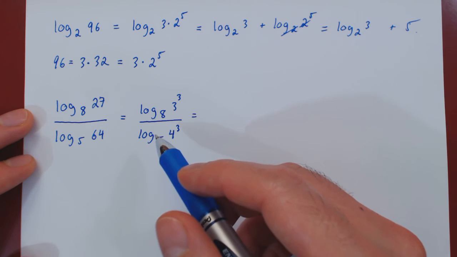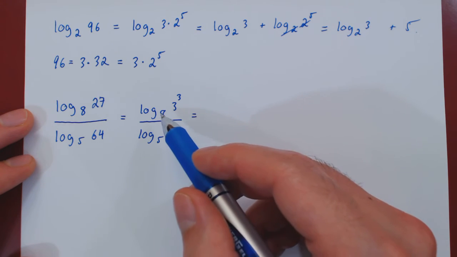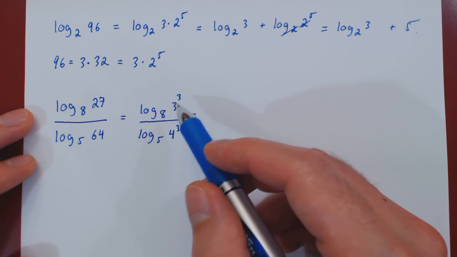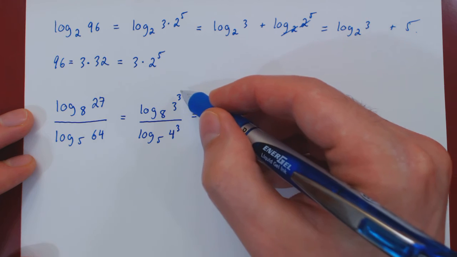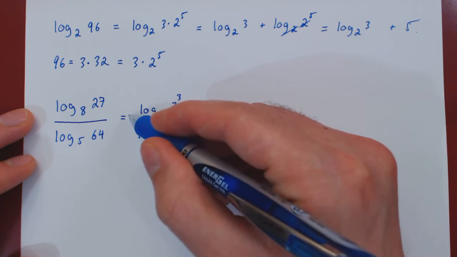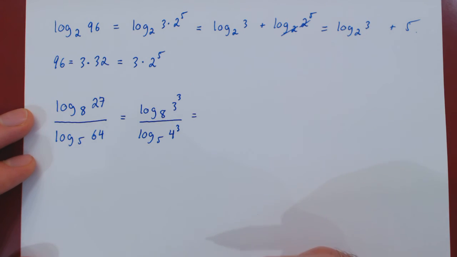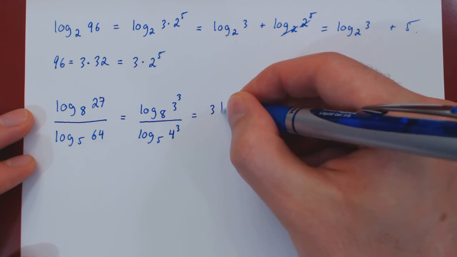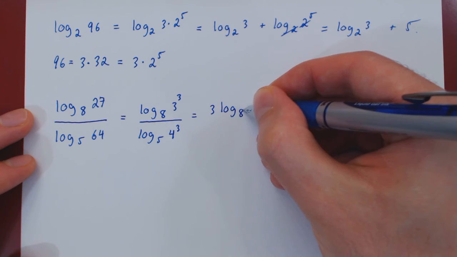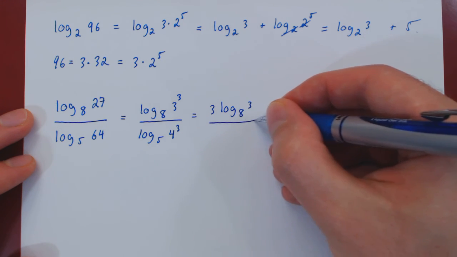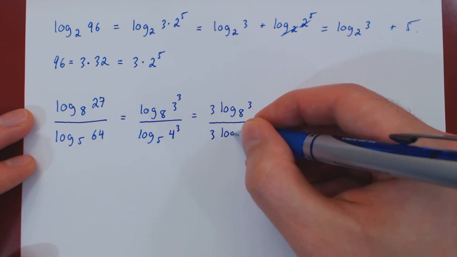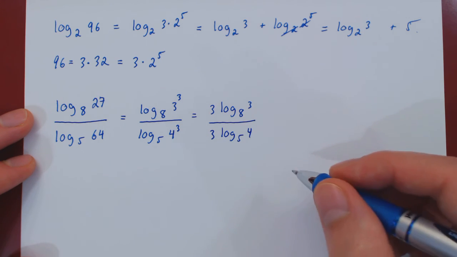We're going to use the property of logarithms. The bases in either case do not match, but we know that if we take the log of an exponent, we can pull the exponent up front as a constant multiple of the log. So this will become 3 times the log base 8 of 3 over 3 times the log base 5 of 4.